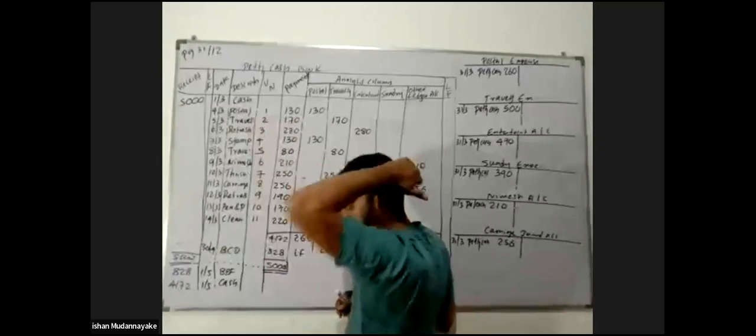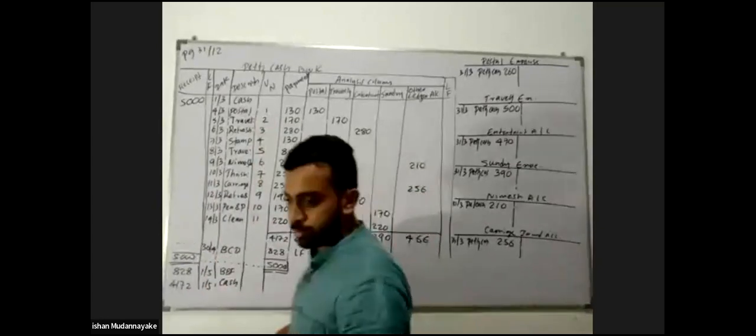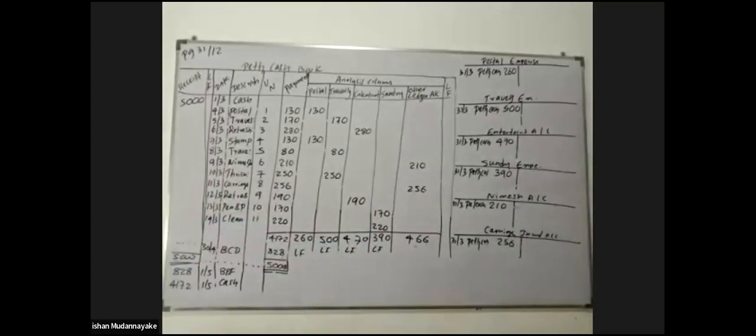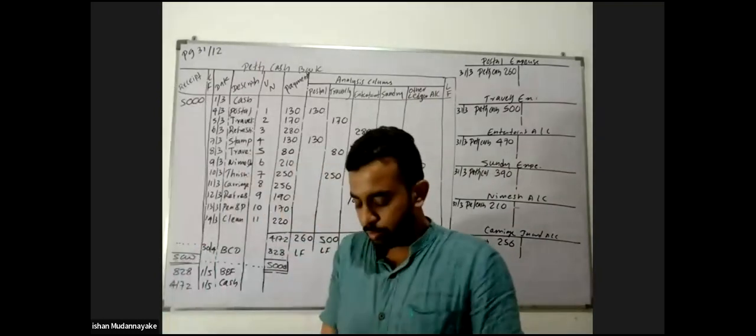Main cash account credit, petty cash account debit. Right, now the petty cash book, question number 13 is over.